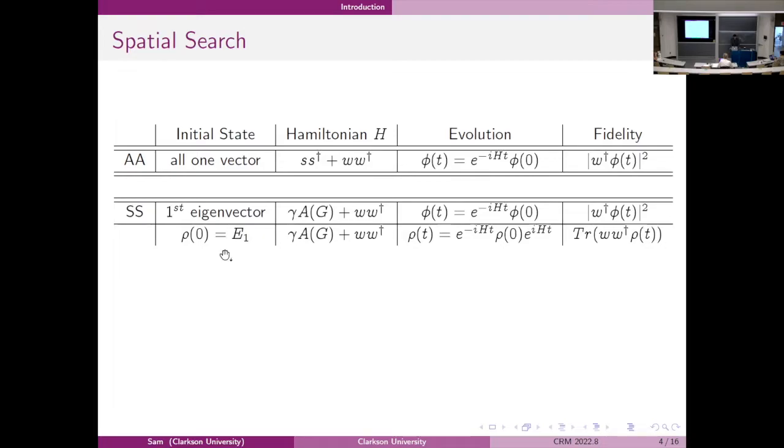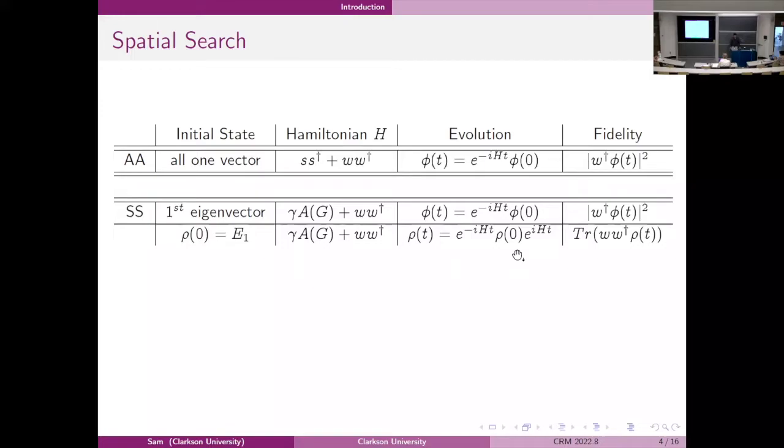So our initial state would be the density matrix E1, the principal eigenprojector, and the Hamiltonian is still the same. We do not change the Hamiltonian, but because we're using the density matrix, we have to conjugate by the unitary evolution on both sides. So we get e to the minus iHt times the initial density matrix multiplied by e to the iHt.